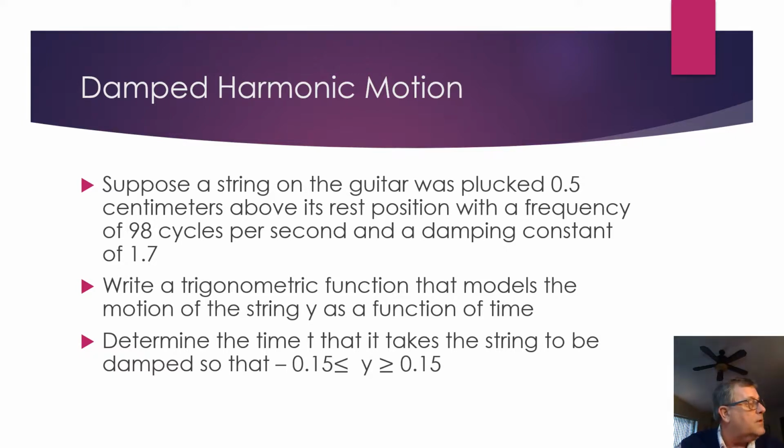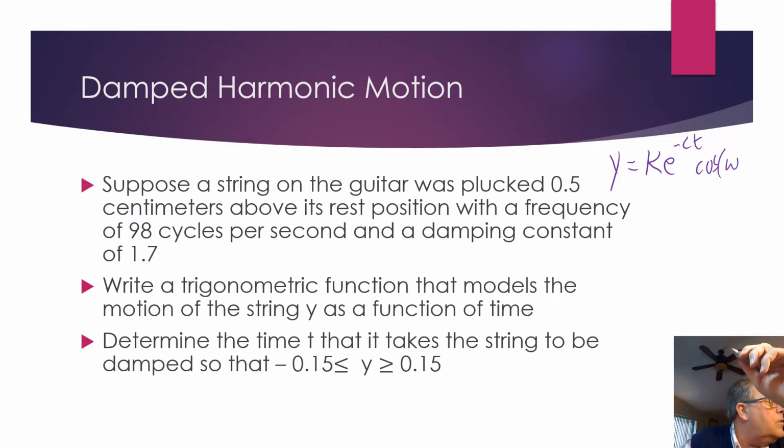Let's go back to what we said our formula was. We said we've got an amplitude function of y equals, and then we'll substitute some variables here: k times the natural base e raised to negative c times time, times the cosine of omega times time.